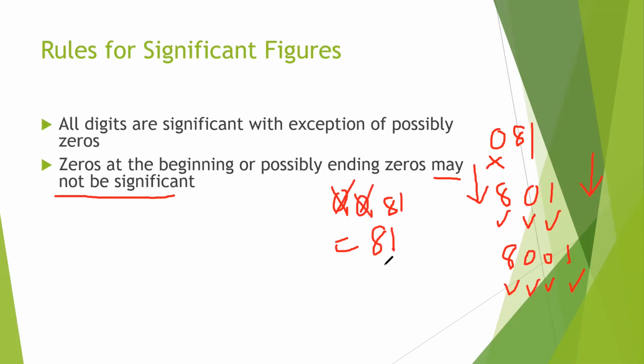If it's at the end, like 8100, we're going to have to look at further rules to determine if these 2 zeros are significant or not. And there could be 3 zeros in the middle, 4 zeros in the middle, 5 zeros in the middle. It really doesn't matter. We just have to look at if it's in the beginning, it's not significant. And in the end, we have to use further rules to determine if it's significant.